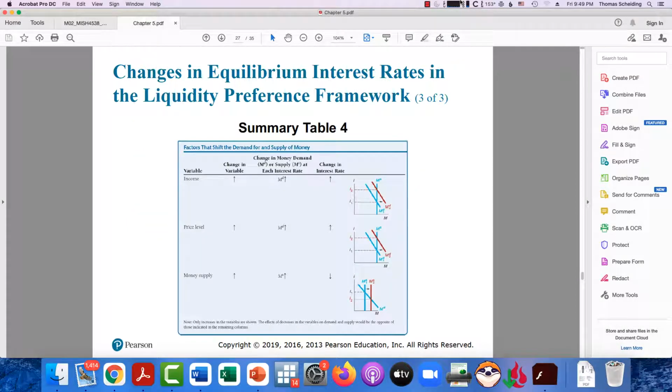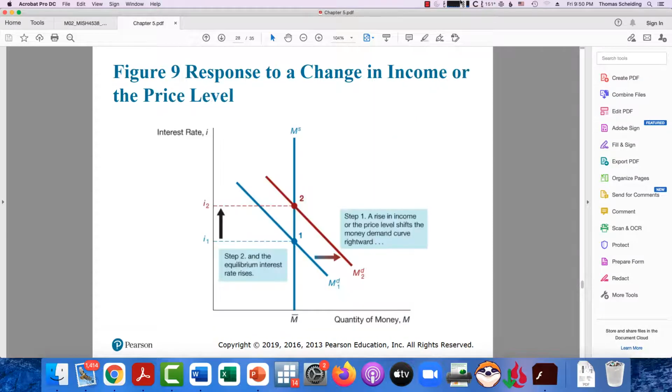And you see this here. In this case, as income levels rise or the price level rises, it shifts the demand curve to the right.